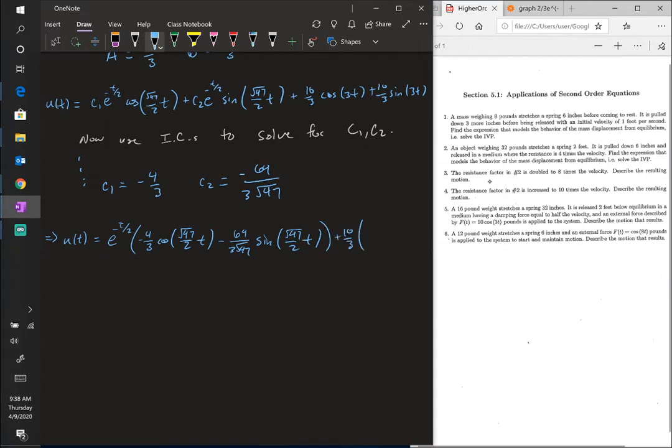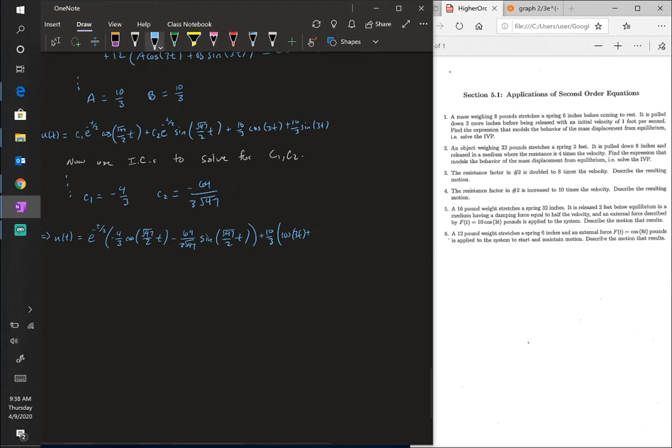I'll factor that out. And that leaves cosine 3t plus sine 3t. And that's our unique solution.